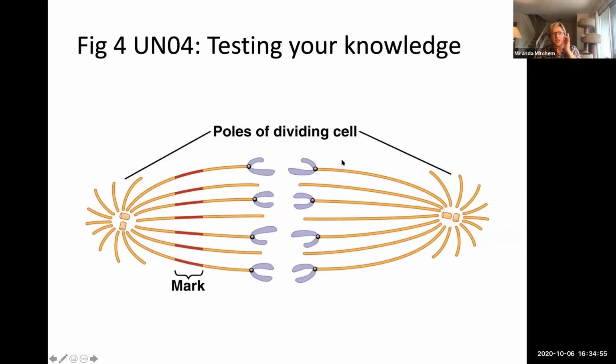So this is actually a little preview into where we're going in our genetics section. But I put this in here because it's showing you the microtubules, showing you some of these filaments that are produced. So this is the centrosome, which is where these tracks originate from.